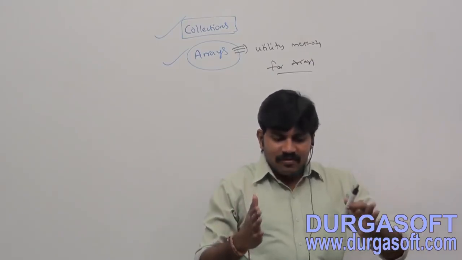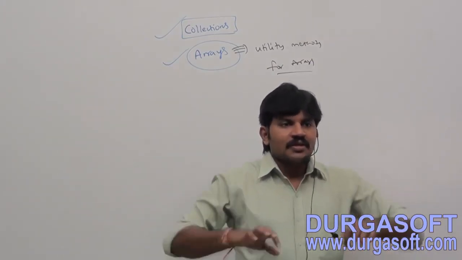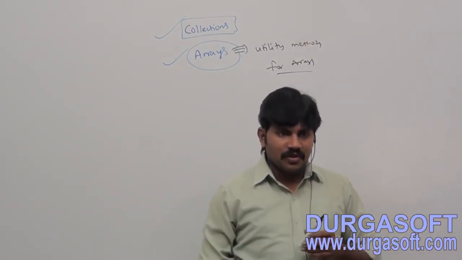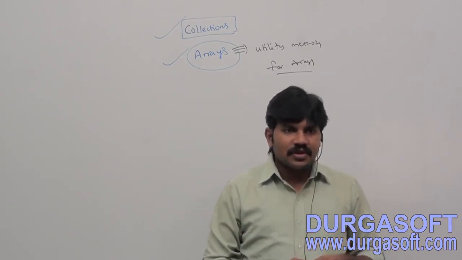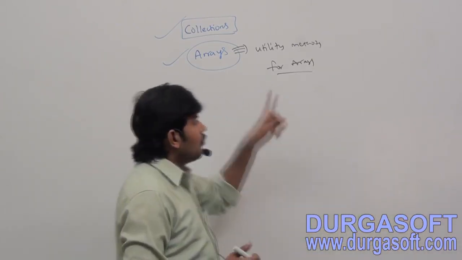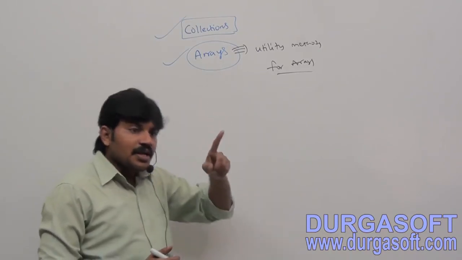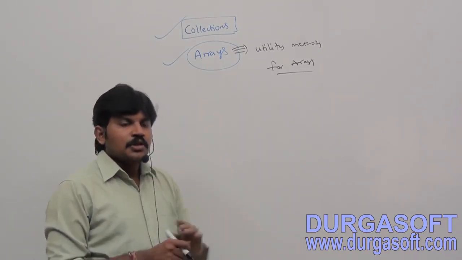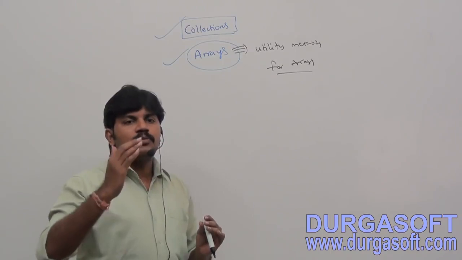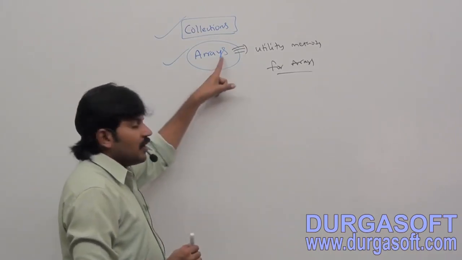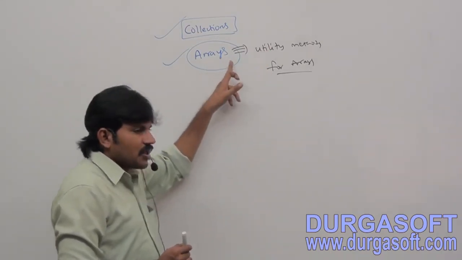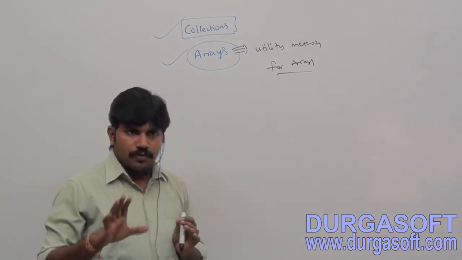That's why whenever array sorting is required, they write the sort logic manually. Wherever search logic is required, they write the search logic, but the Arrays class defines ready-made methods for that. Even the problems with arrays can be overcome up to a certain level by using the Arrays class.